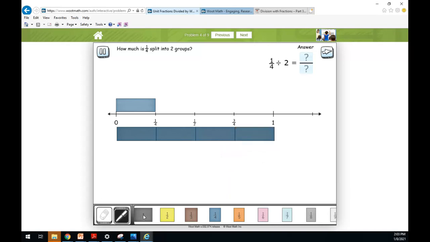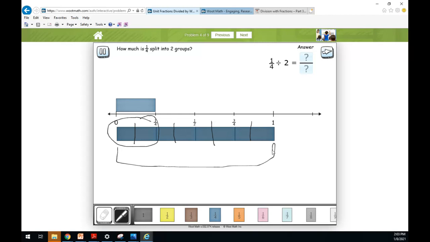After I cut my whole into fourths, I'm going to split each of my 1/4 into 2 equal groups. And I'm going to circle the 1/4. Because this is going to determine my numerator, and the entire whole, the parts of the whole, is going to determine my denominator.